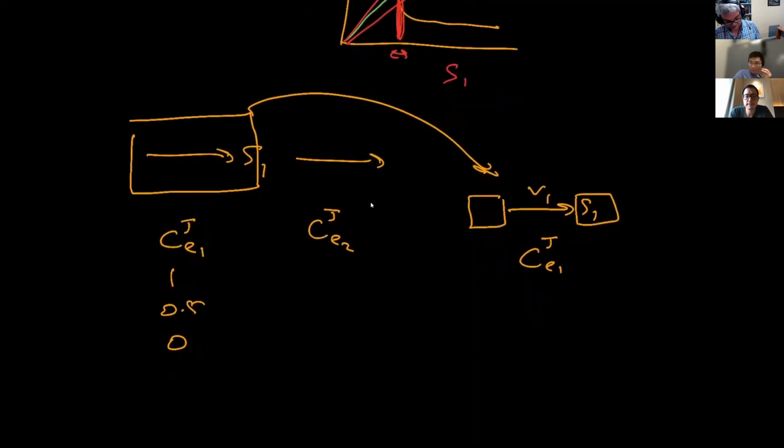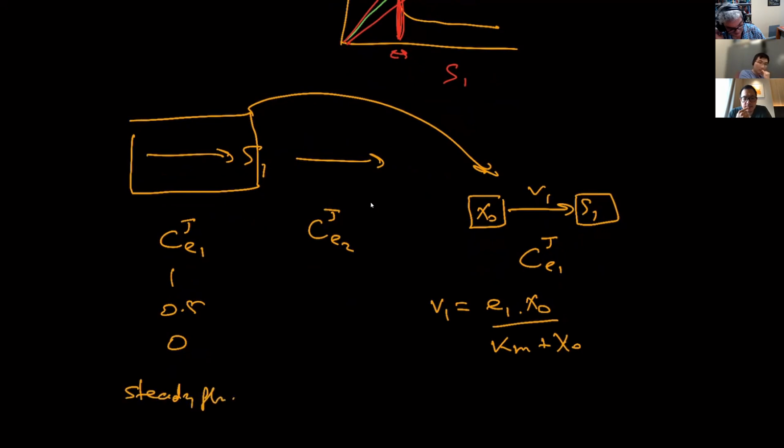So let's say that V1 is E1 times X0 over Km plus X0. So that's just a Michaelis-Menten equation, all right? The steady state flux equals V1 actually, because X0 is fixed, okay?